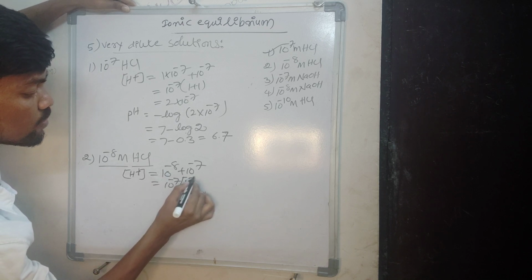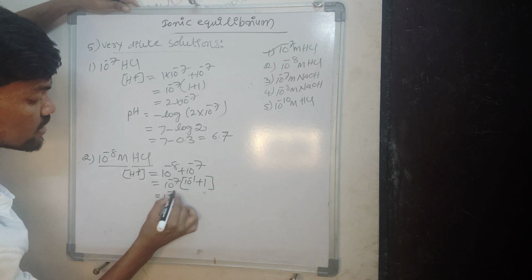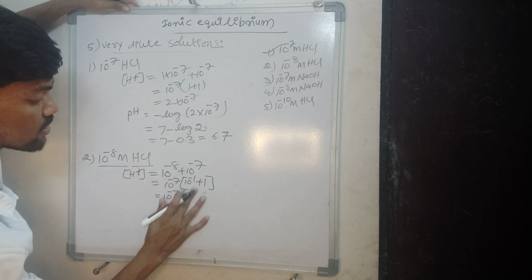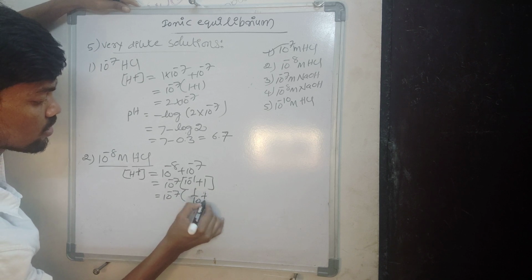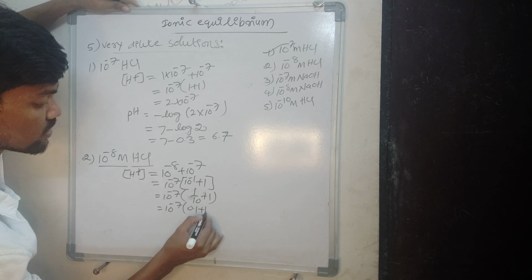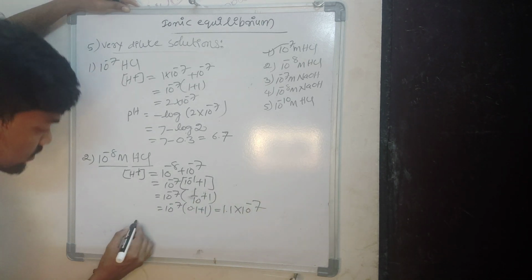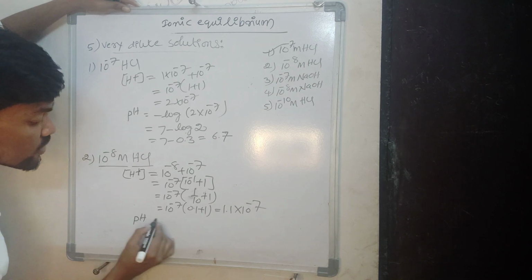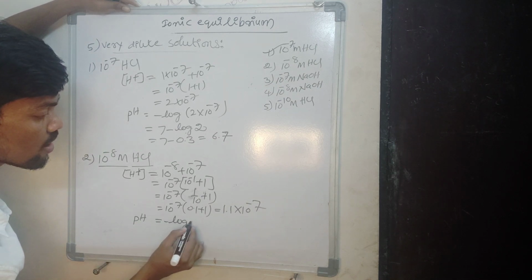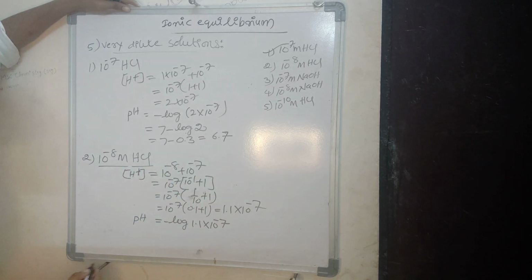What is remaining here? 10 power minus 1 is there. Finally you will get 1.1. You know how it is possible? 10 power minus 7 times 0.1 plus 1. Finally you will get 1.1 into 10 power minus 7. From this, the pH value you can find out: minus log of 1.1 into 10 power minus 7.